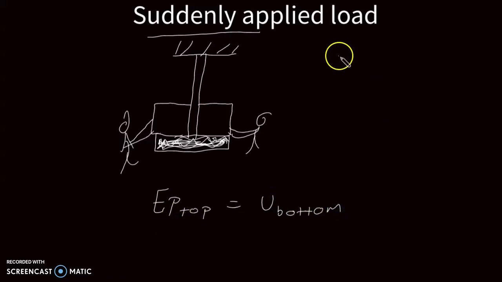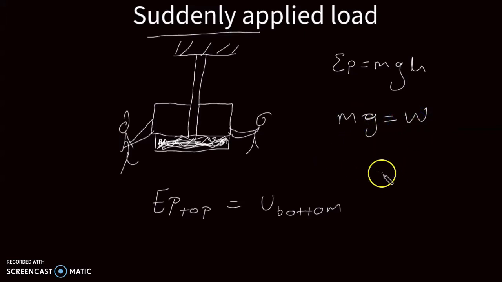We know potential energy is given by mgh, where mg will be equal to W, which is the weight. As the force is released by those two guys, it will cause a strain on this rod. Therefore, it will come, let's say it comes here, the rod together with the object.